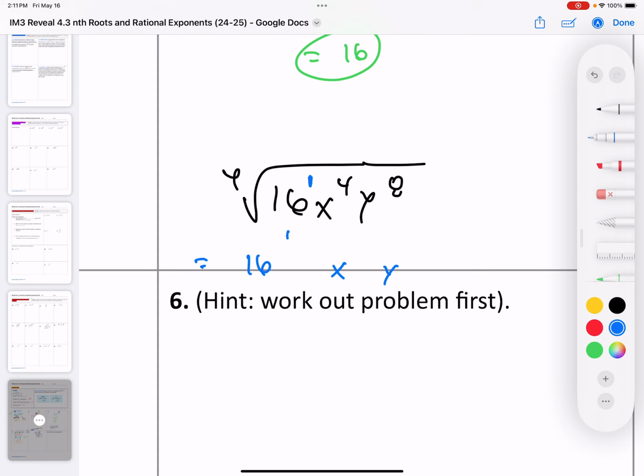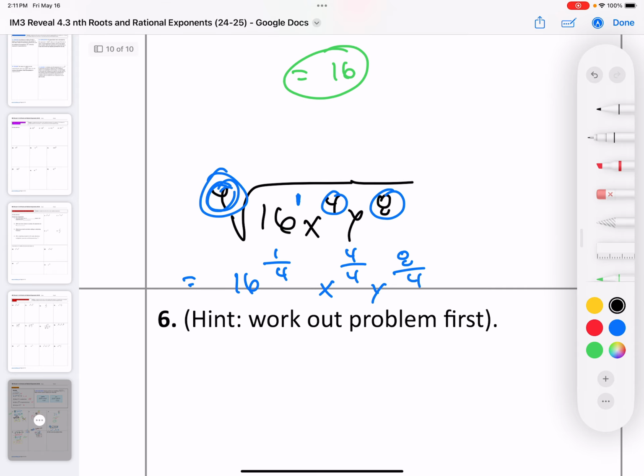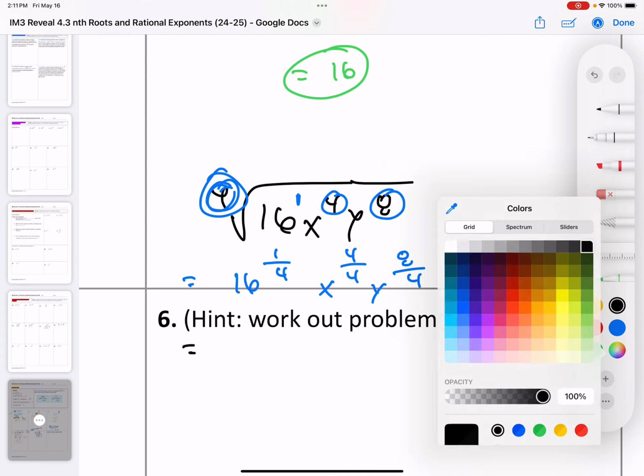So inside, and then there's your out. Inside, out, inside, out. So now you can simplify that. 16 to the 1/4 power, you can just put that in your calculator. You should have gotten 2.